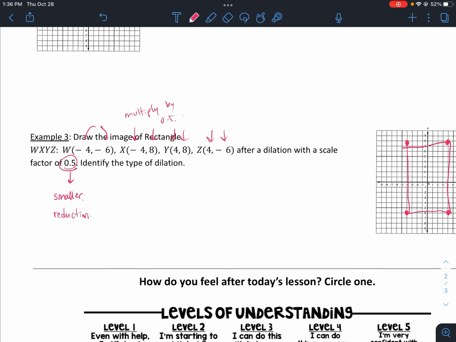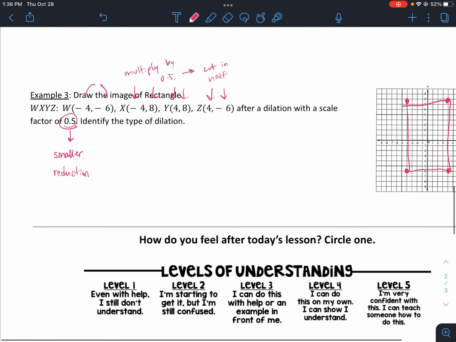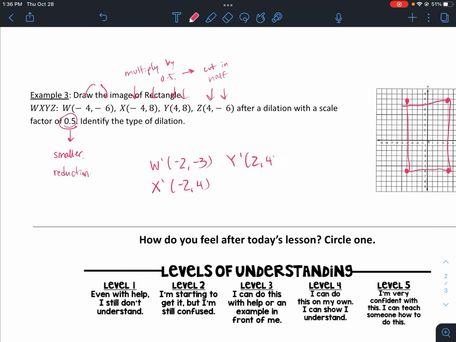Multiplying by 0.5 is the same thing as cutting it in half, right? You're dividing each by 2 essentially. W prime would then be negative 2, negative 3. X prime would be negative 2 comma 4. Y prime would be 2 comma 4. And Z prime would be 2 comma negative 3.